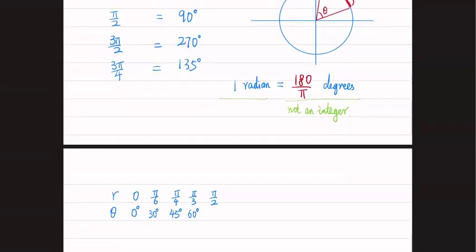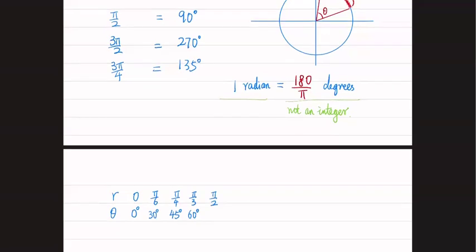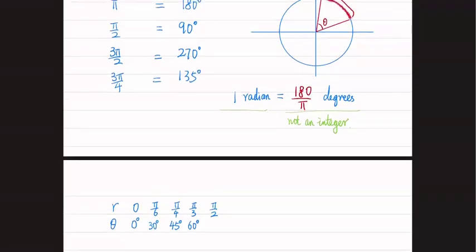Okay, Amy again, pi over 2. 75. How do you get 75? I'm following the pattern. Use mathematics, not the pattern.